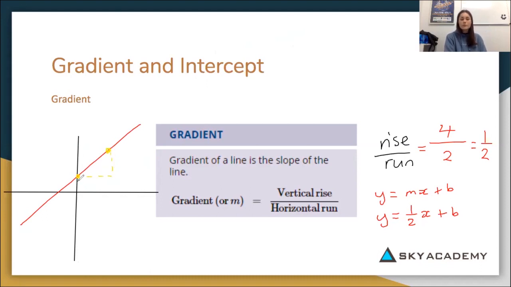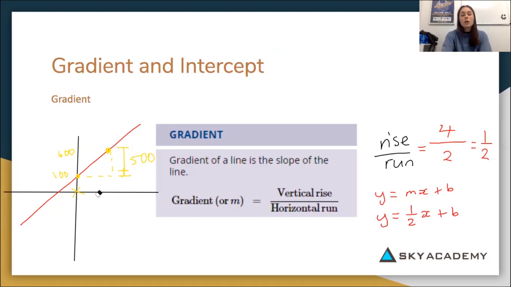Say this was 100 and this here is 600. Your rise would then be from 100 to 600, not from 0 to 600. So our rise would be from there to there, and from 100 to 600, that's a rise of 500. So you just have to be mindful of where your start is from the bottom of the height to the top of the height. And the same thing goes for your run. So that's the gradient, it's the slope of the line.